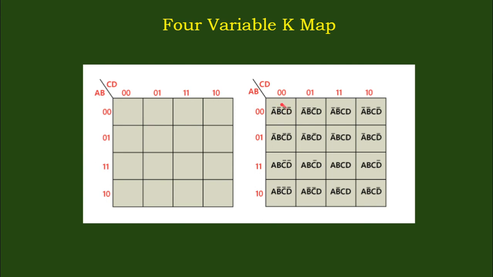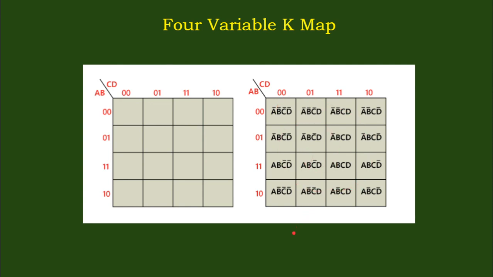So we have to sum the min terms to get the sum of products. Here are the products: this is A bar into B bar into C bar into D bar. This is one product, A B C D. This is one product, A B bar C D. So all the cells are product forms, and the equation consists of the sum of these terms, which are the min terms.